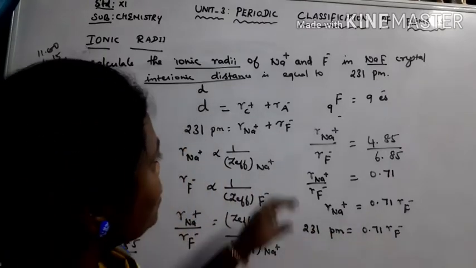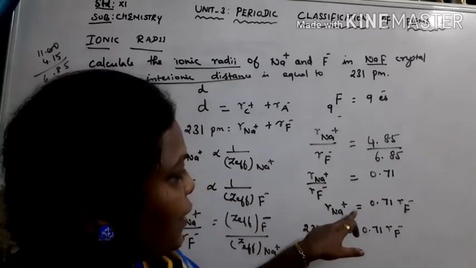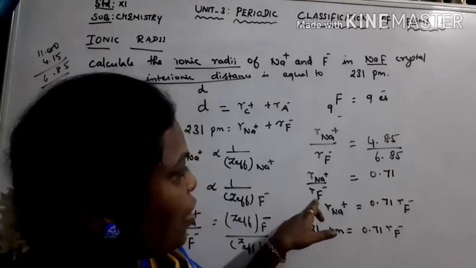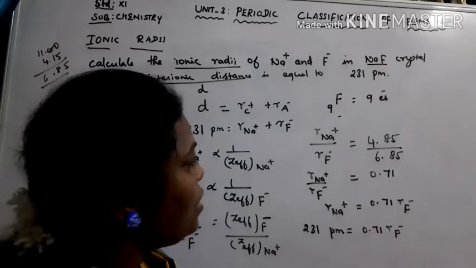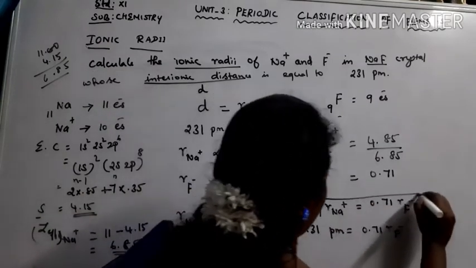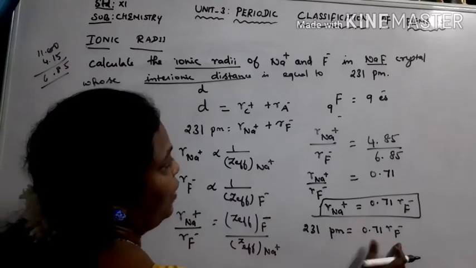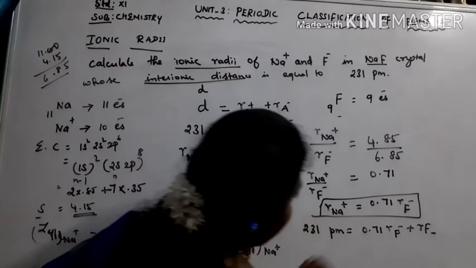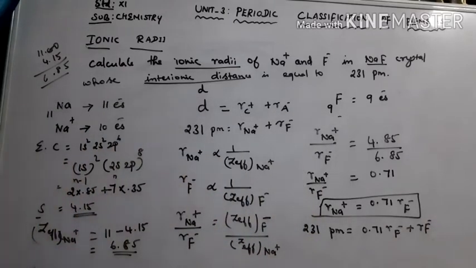Okay, students. Since these two are unknown, we are considering the radius of Na plus equal to 0.71 times the radius of fluoride ion.